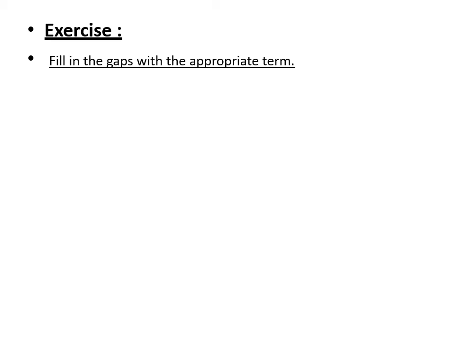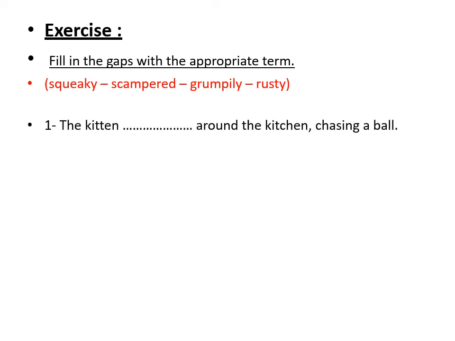Now let's answer this exercise to make sure that you fully understood the four terms. What are the four terms one more time? Squeaky, scampered, grumpy, and rusty. Number 1: The kitten paced around the kitchen chasing a ball. This is very easy. The kitten did something here.